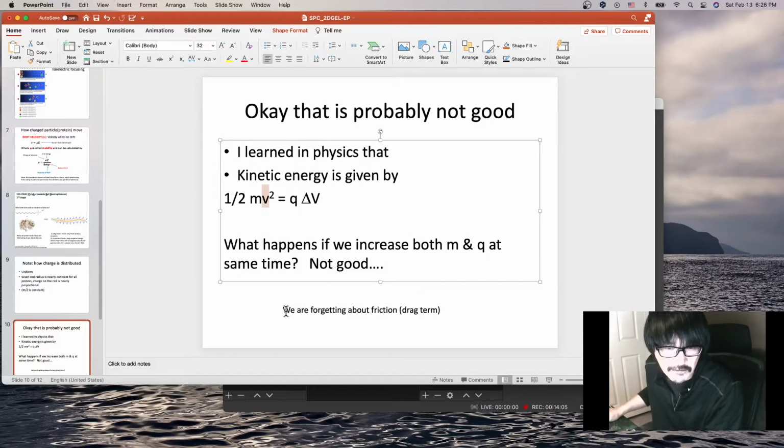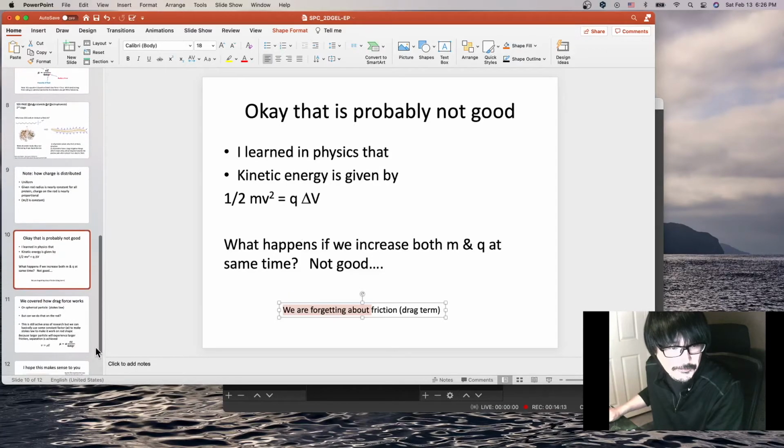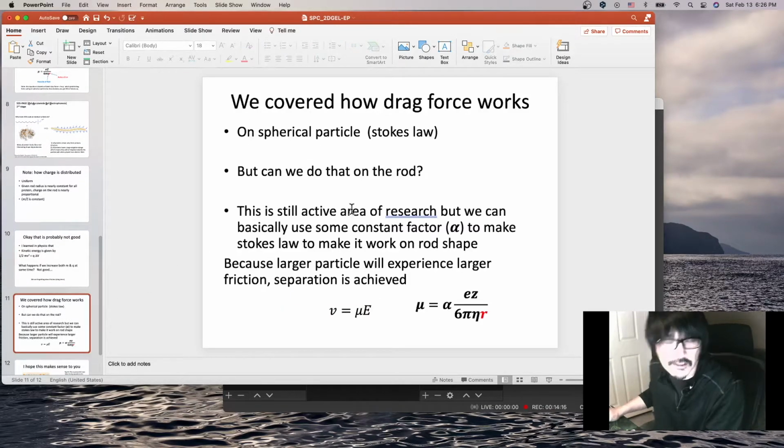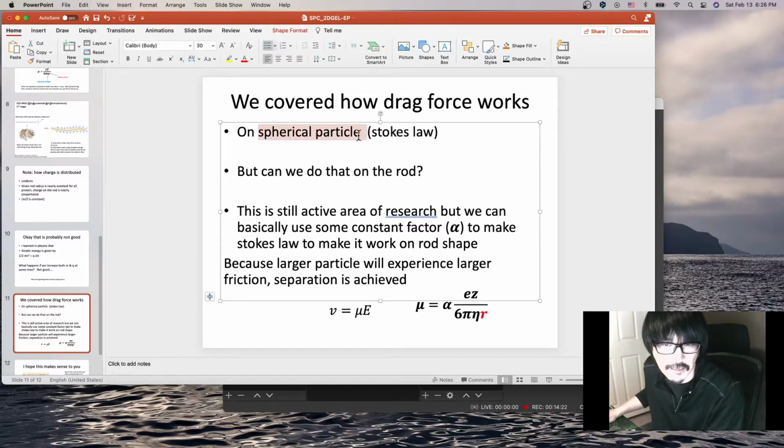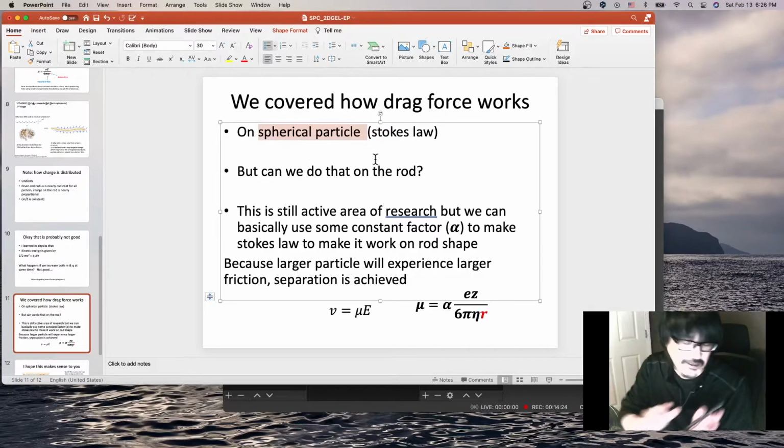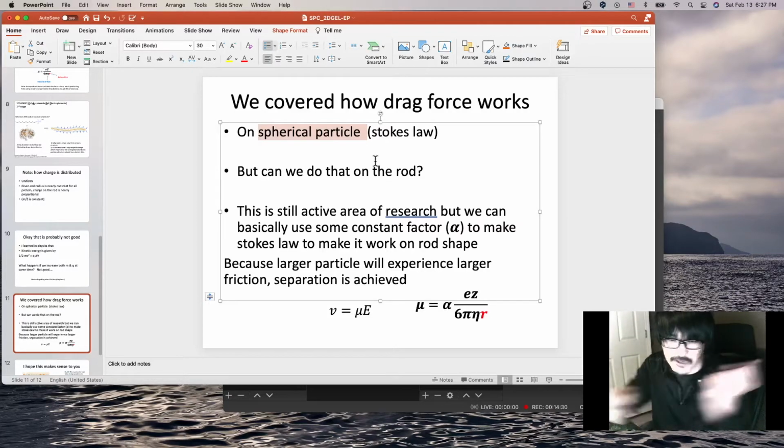But luckily for us, we are not incorporating the friction here. When you start thinking about friction, let's just assume that we have a spherical particle, which is certainly not the case, because we know that it's a rod-like structure.